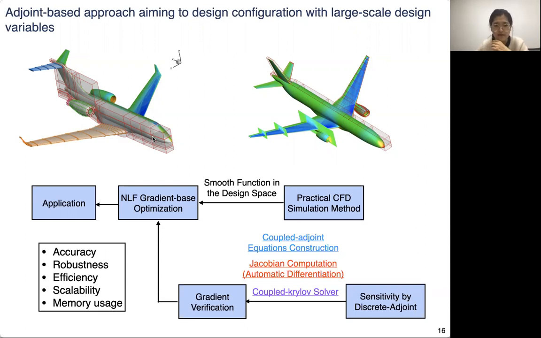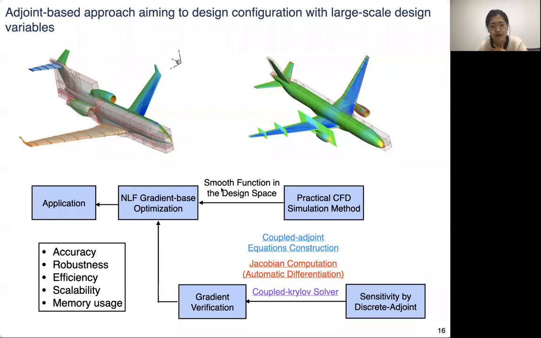Laminar flow design would also face this for aircraft optimization, which is also a problem with large-scale design variables. The adjoint-based approach for natural laminar flow design has had some developments.